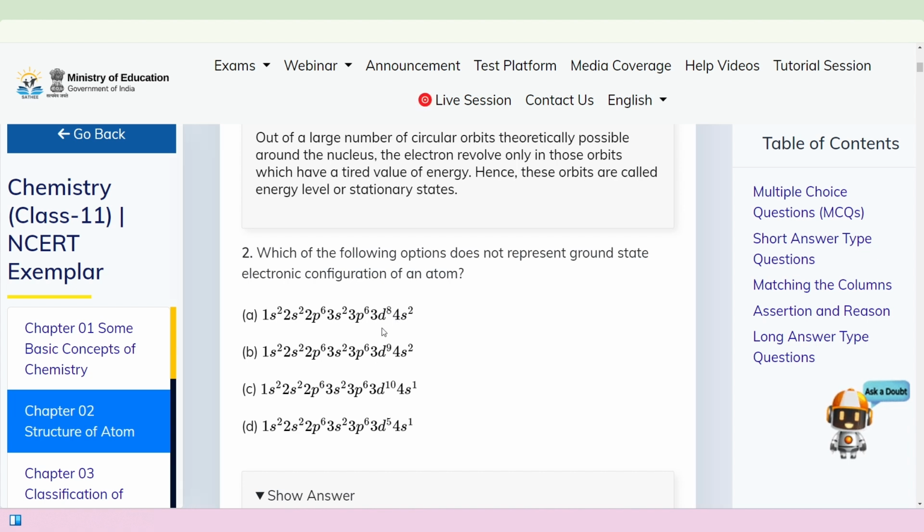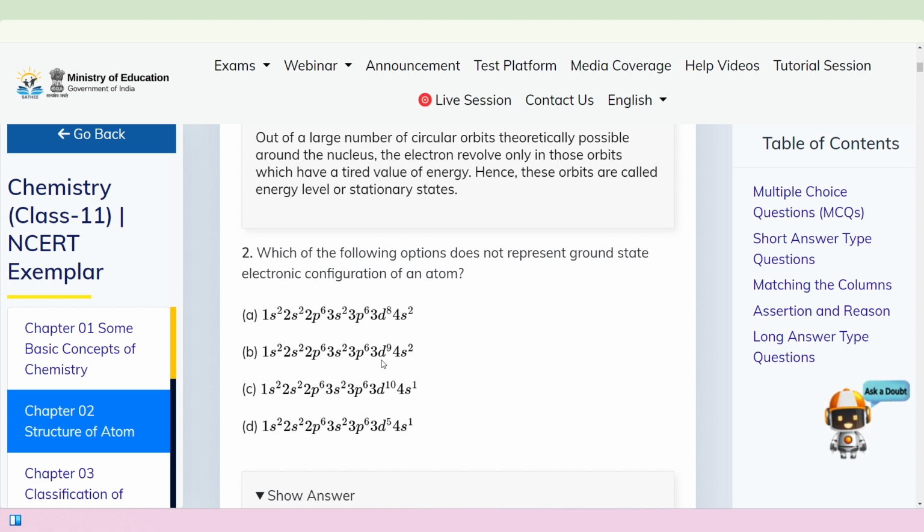Now, if you see option A, then of course 4s will be filled first due to the n plus l rule, so it is completely filled, and then we will fill 3d. Okay, this is correct. What about this? In this case also we have followed the ideal condition, but it is an exception here.